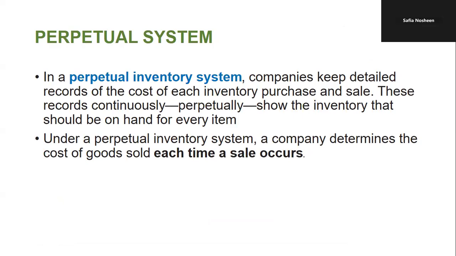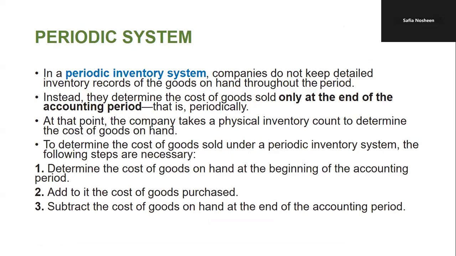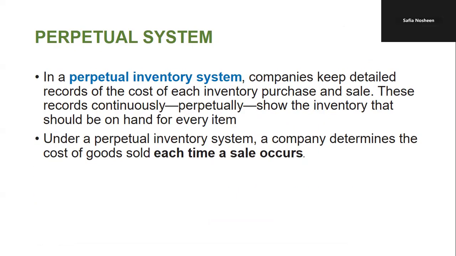In merchandising businesses, the recording process involves two types of systems: the perpetual system and the periodic system. The selling of goods or inventories involves these two types of accounting processes.